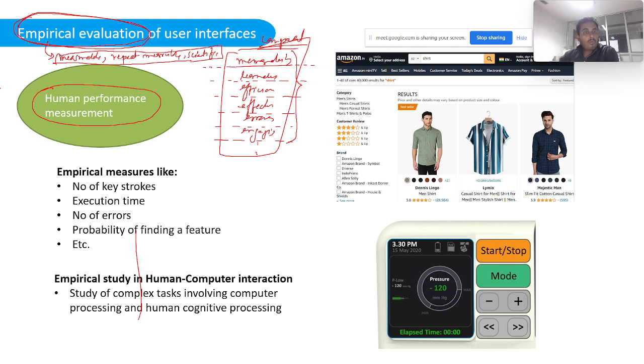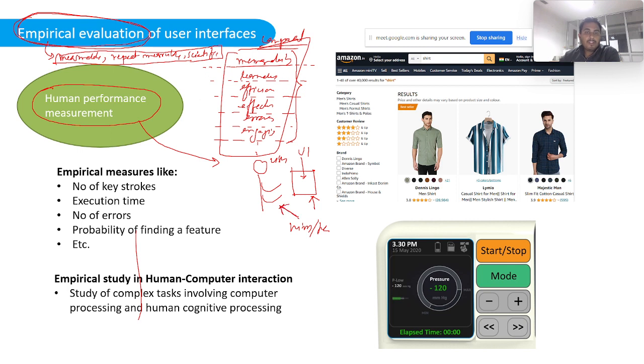So what you try to achieve here is that instead of analyzing a user interface, you are analyzing the performance of a person. So you are actually measuring him or her rather than measuring these components.